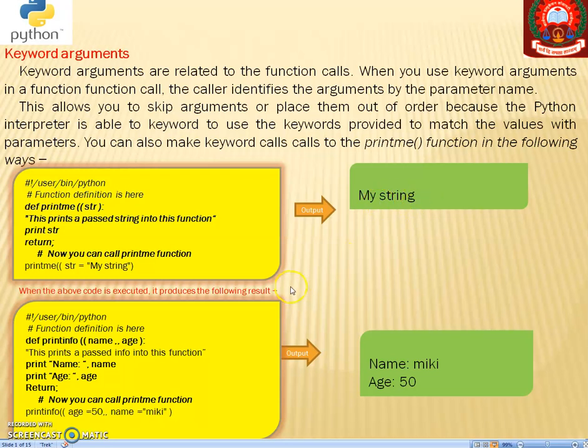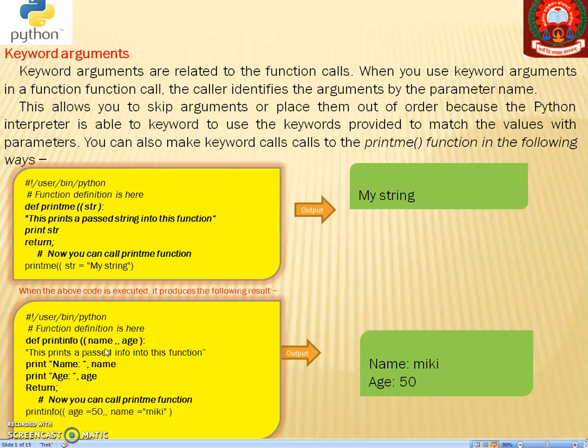In the same way, if you have defined the function with different arguments, here one mistake is there, a single comma should be there. By default I have given two commas, that is name and age. We have defined print information about name and age. This is a comment statement. We have print name comma name, and print age comma age.